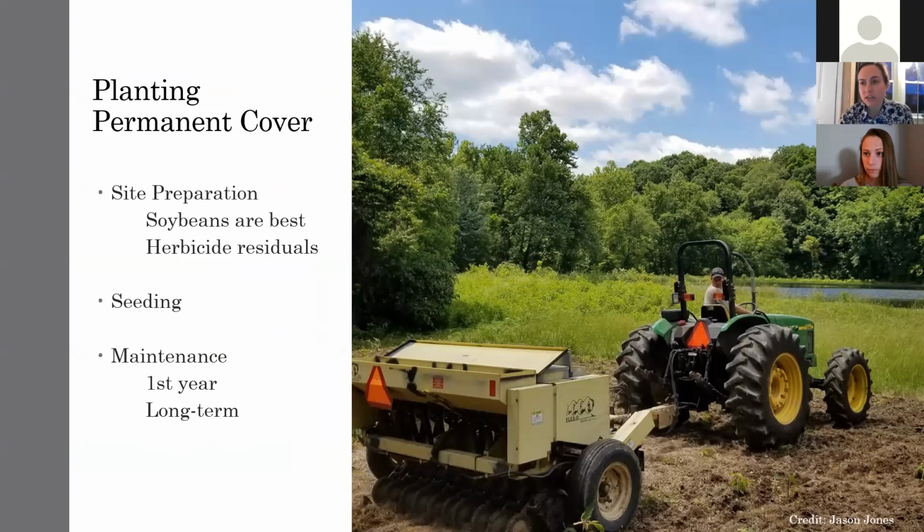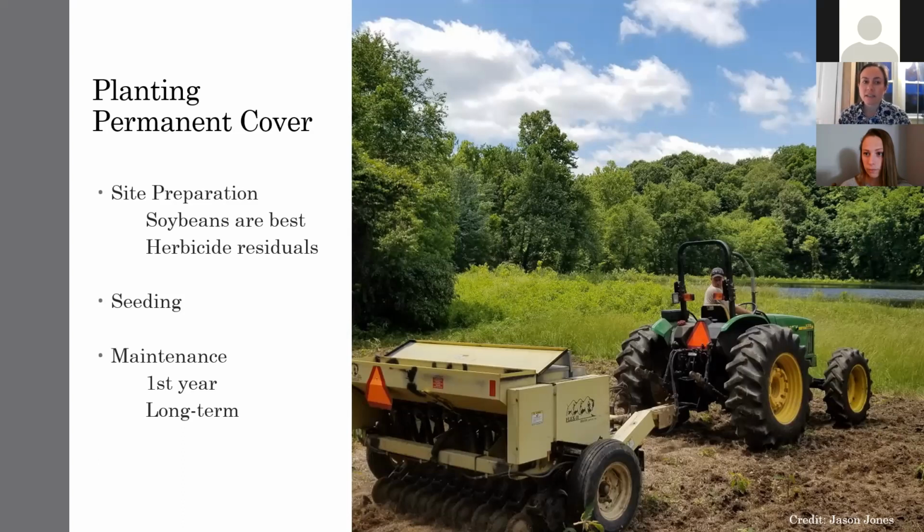And the programs generally will require you to establish permanent cover. So the grasses that Sarah was talking about, the upland habitat, the pollinator habitat, is the way to get into the programs and to make these acres go from losing you money or being neutral to actually earning money on those unfarmed acres.